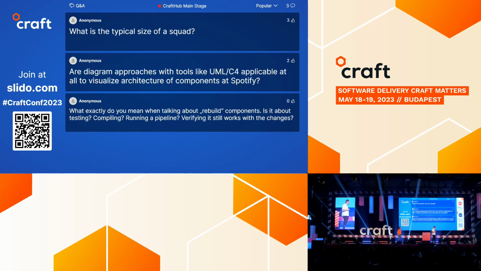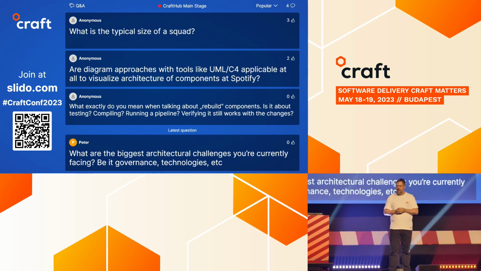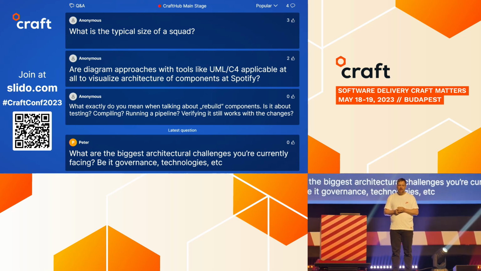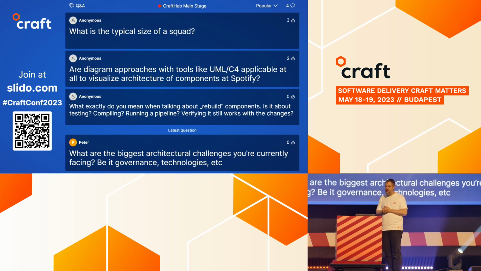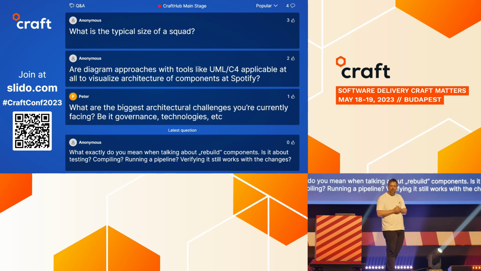Anonymous wants to know, what's the typical size of a squad? Yeah, so they're your normal Scrum-ish team. We mostly don't use Scrum, but I would say it varies from maybe 4-ish up to 12-ish typically. And when squads grow larger, they tend to go through some sort of cell division where they split into multiple squads.